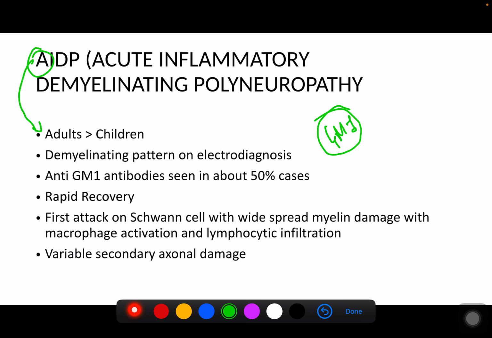So I talked about acute inflammatory demyelinating polyneuropathy. I've heard about this IDP, I think in pediatrics. I have to look into it.